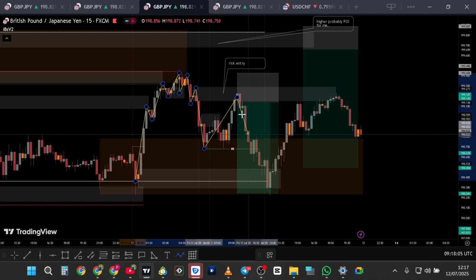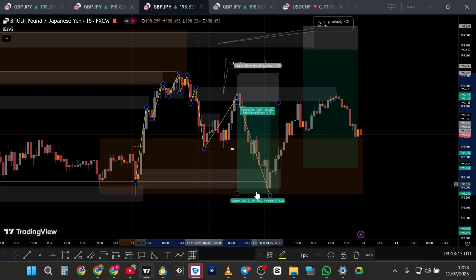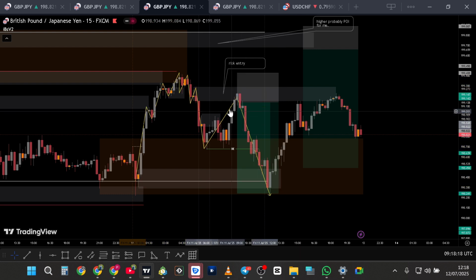I didn't take this trade, and I'll explain why. Price came in very well with that tip of the week. It hit the TP, and I told guys I hope you took that opportunity, because this happened very subtly. If you check very well, this was my Frankfurt open right here.